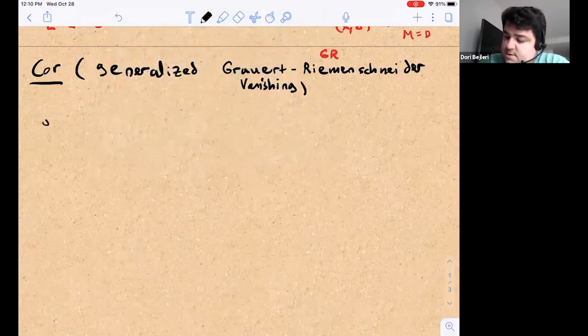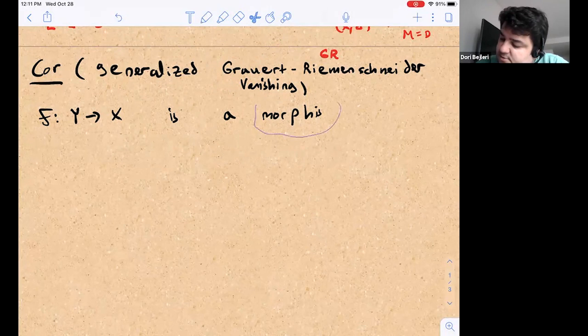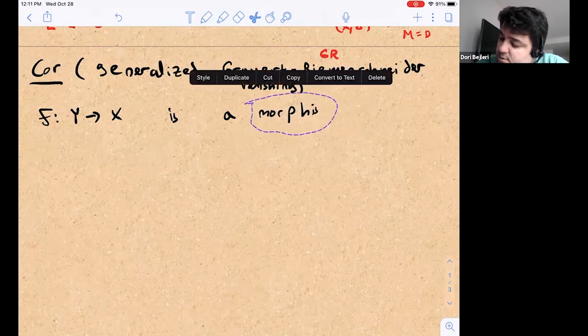So let's say f from Y to X is a morphism between projective varieties. And I think I want to assume birational here, though you can slightly generalize to assume that it's generically finite.